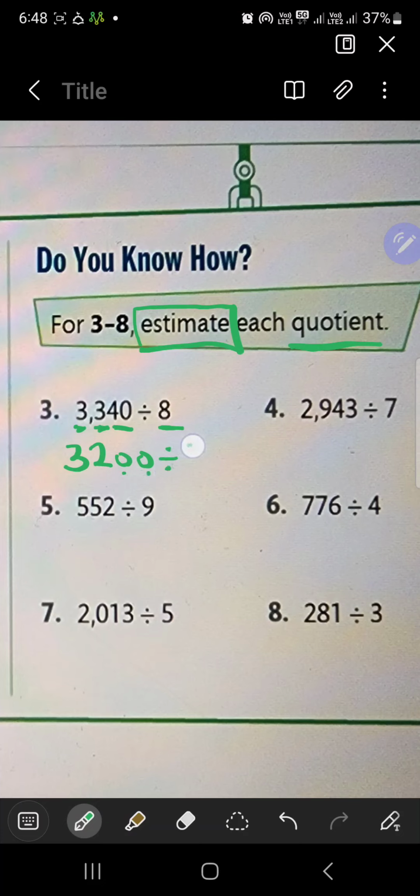Okay, divided by 8. And we all know that division is the opposite of multiplication. It means that what number I multiply by 8 equals 32.